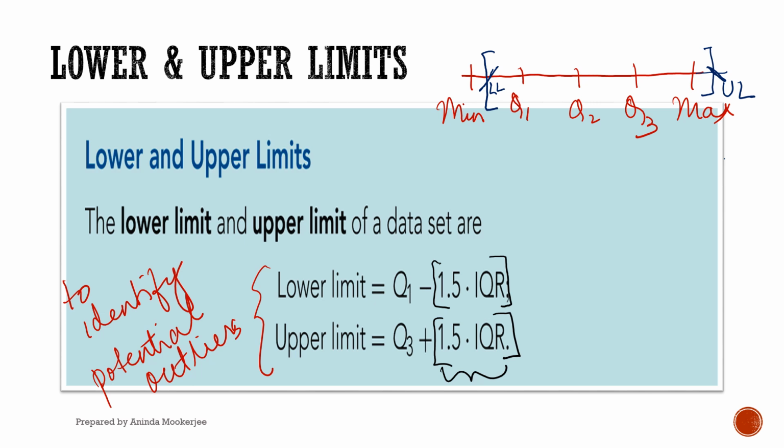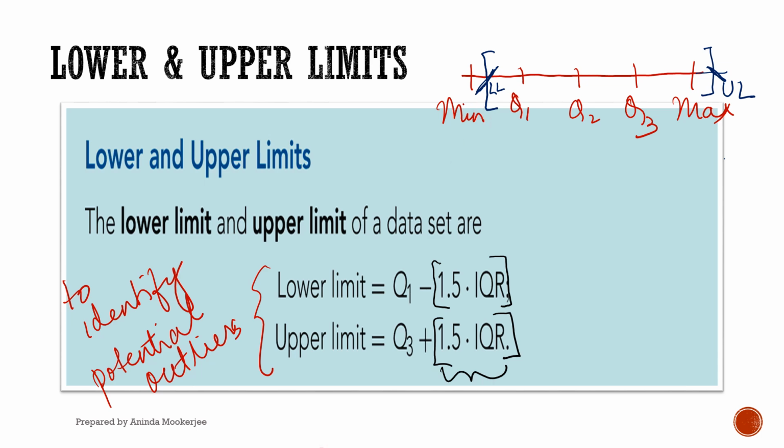What we do is we take our lower limit value and check if there are any values in the data set that are less than the lower limit. Here the minimum value looks like it is less than the lower limit. So any values that are less than the lower limit would be regarded as potential outliers.